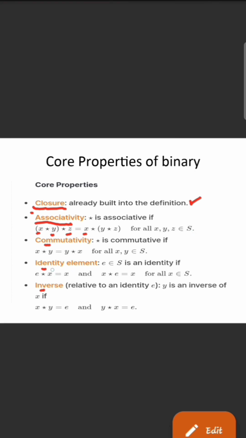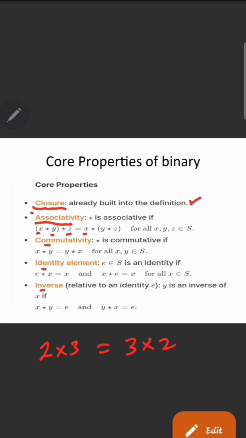Now, the next one is commutativity. Commutativity is very simple. Commutative means A operation B is equal to B operation A. Just like 2 times 3 is the same thing as 3 times 2.